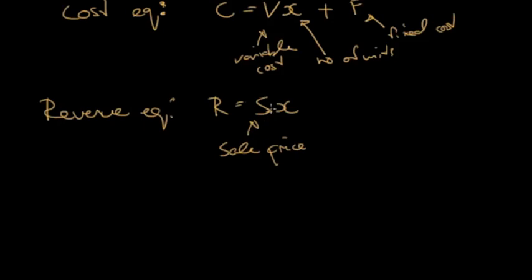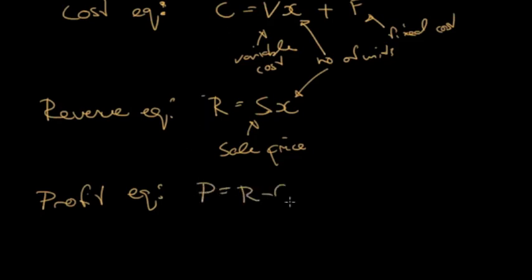If you get $1 per cake, which is your sale price, and you sell 2 cakes, you're going to get $2. And then we can think of our profit equation. Our profit equation is just our revenue minus our cost. It's how much money do you make selling stuff, which is our revenue, minus how much did it cost you to make this stuff. So profit equals revenue minus cost.